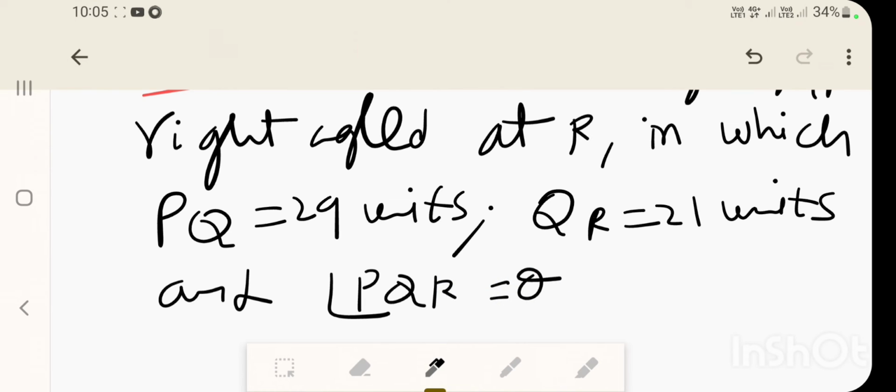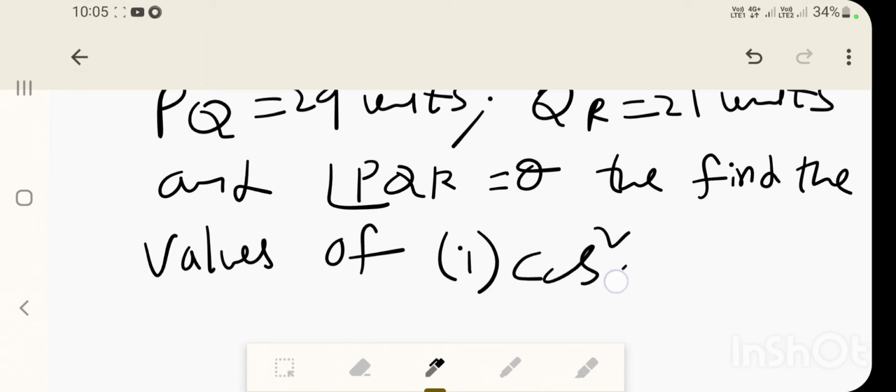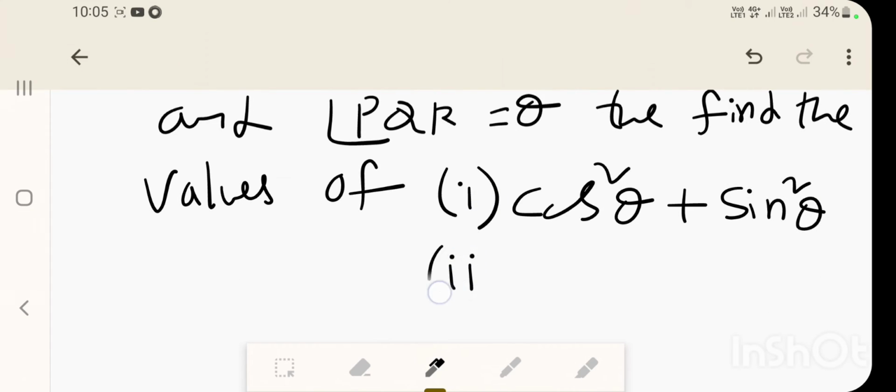Then they are asking to find the values of cos square theta plus sin square theta, and another part of this question is cos square theta minus sin square theta.